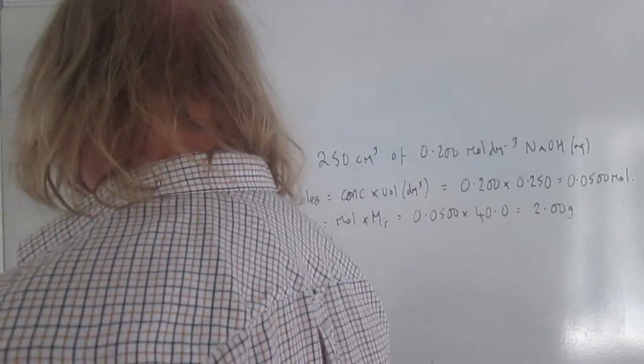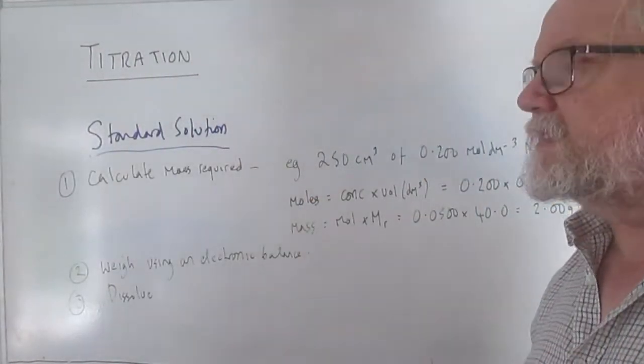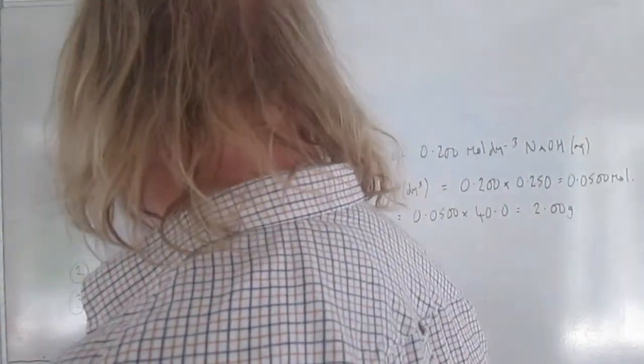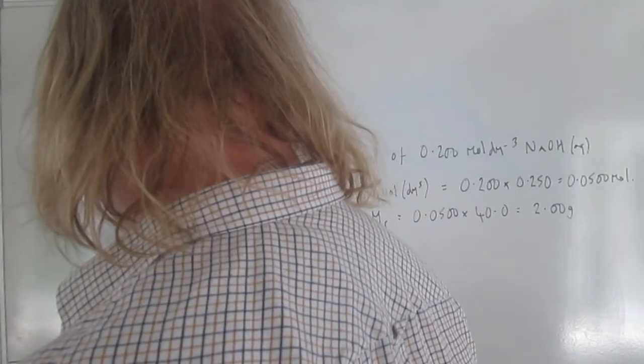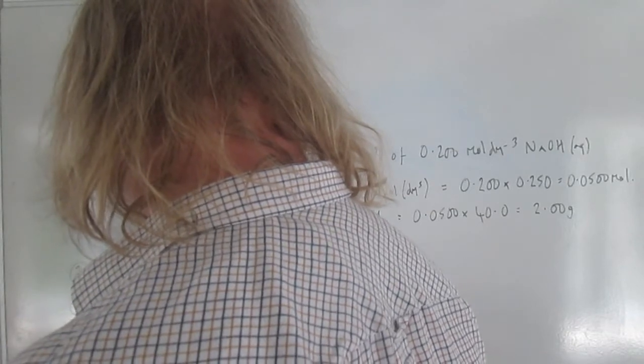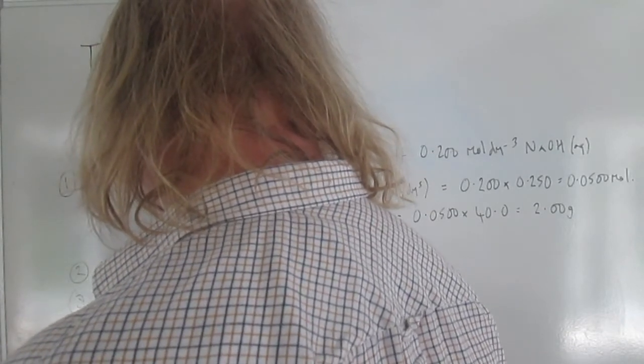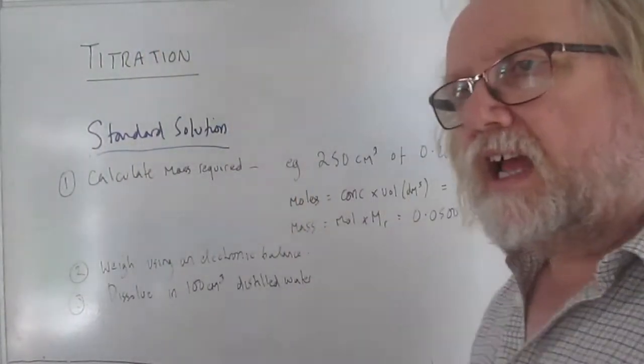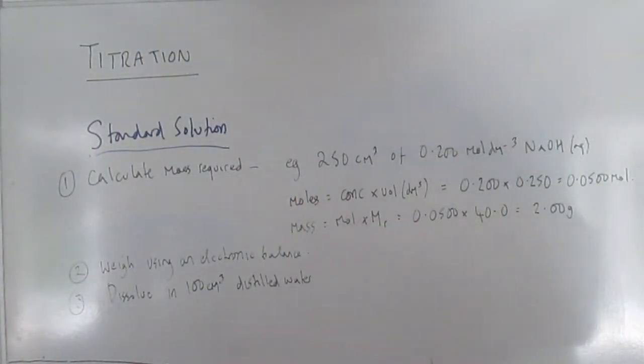So there's no fixed amount here, but if you just specify an amount that's significantly less than 250, so let's say dissolve in 100 cm cubed of distilled water. And always in these practical questions, the how would you do this kind of question, if they want practical details, you should specify the apparatus.